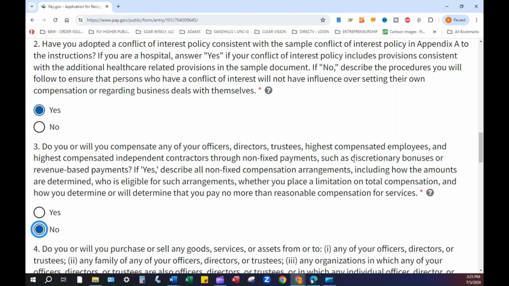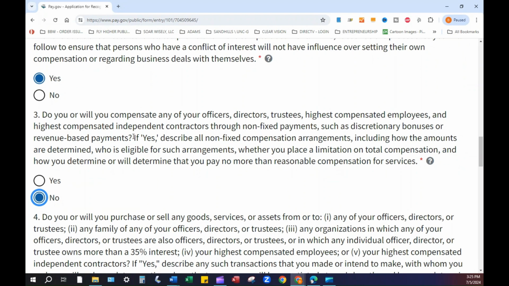That's just personal. If you feel that you should receive bonuses, you want to pay out your people bonuses, I feel that that is more for a for-profit business as opposed to a nonprofit. But again, they're asking you that question for a reason. So if you do want to have bonuses that you pay out, you definitely want to go further and you need to answer this question.